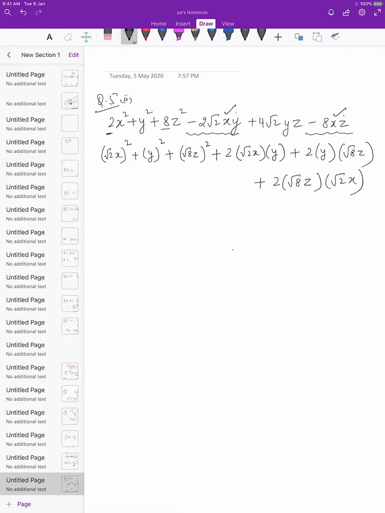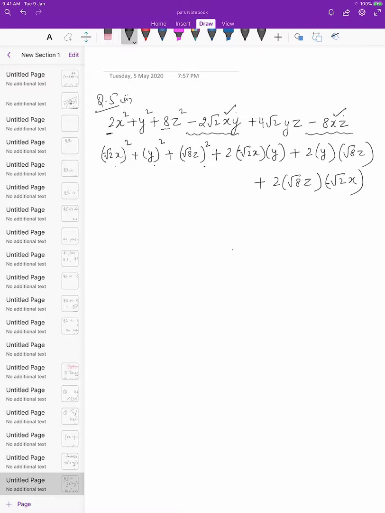So what will I do? I will put a negative sign everywhere you see this x. So minus root 2x. Here also I will put minus root 2x. And here also I will put minus root 2x.